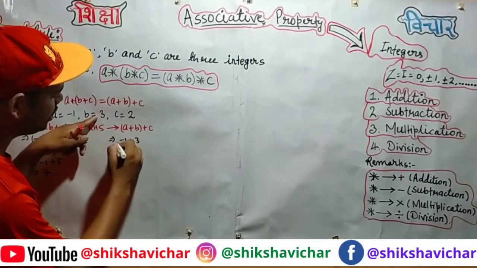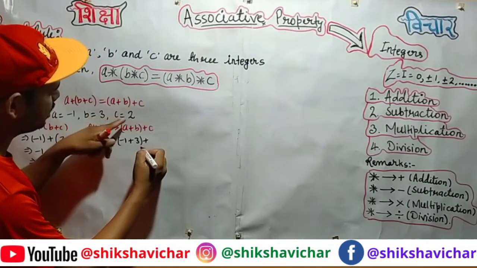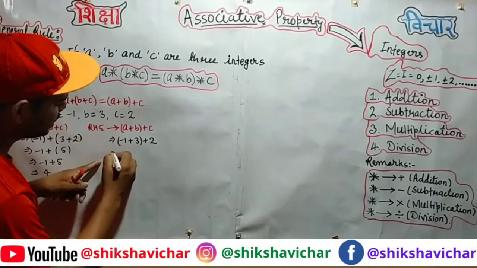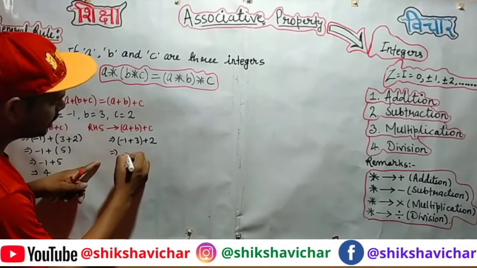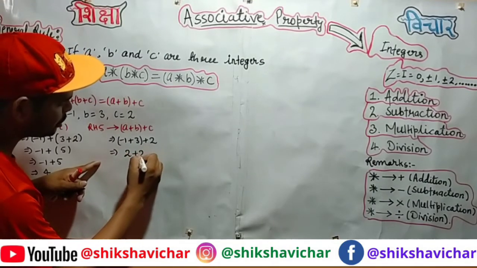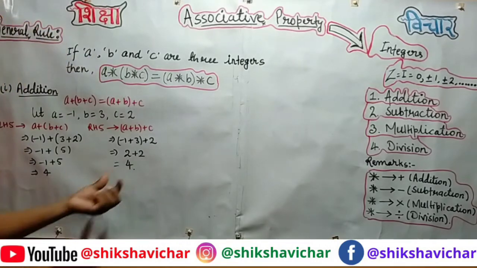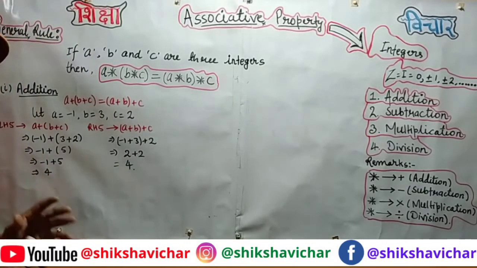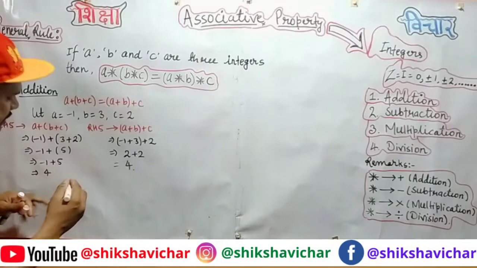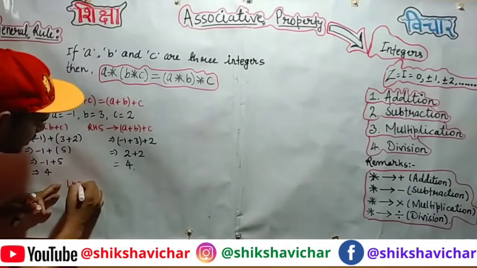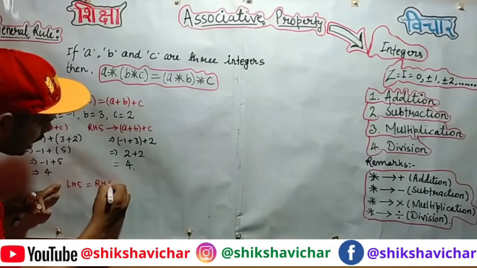That is 3, and then what is the value of C? That is 2, and then solve it. When we solve it, it will give 2 plus 2, that means 4. We can observe that this value and this value both are the same. That means LHS is equal to RHS.